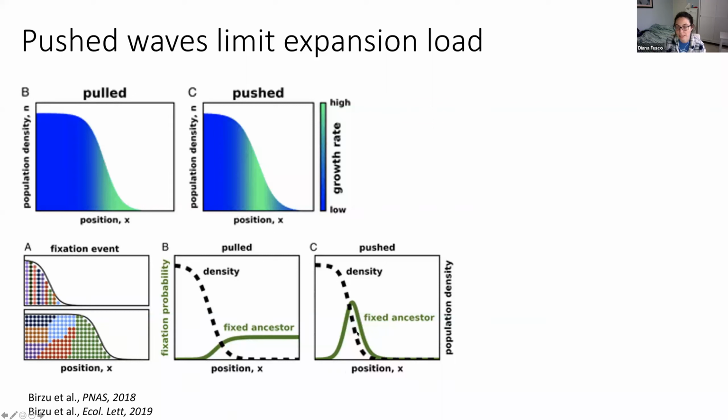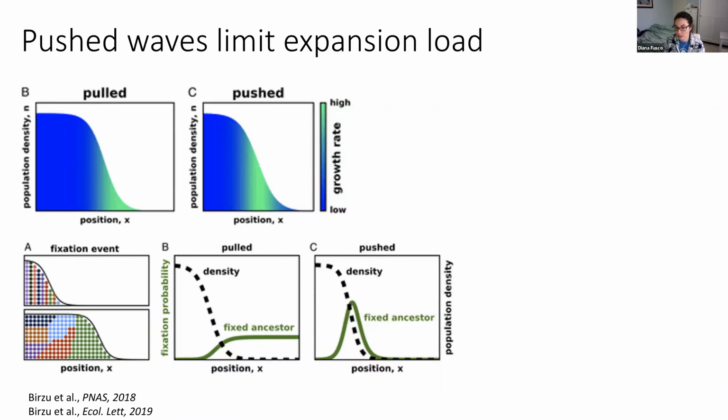In a pushed wave, that's not the case. Actually, the individuals that have the highest chance of fixing later are somewhere behind the wave, in a specific region that depends on the strength of pushedness, of this cooperativity, in fact.